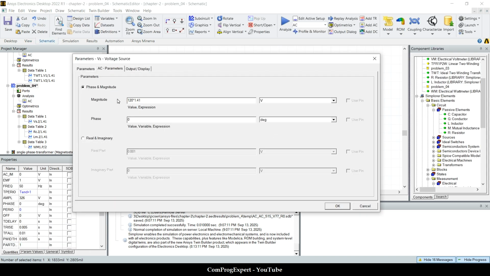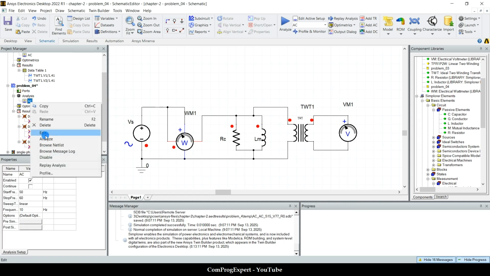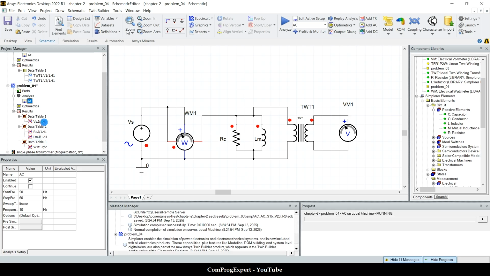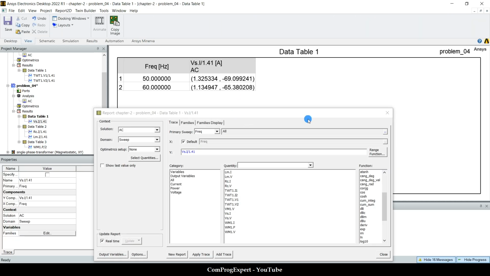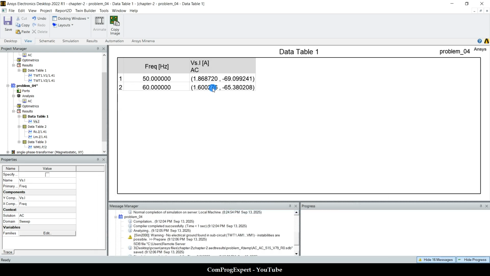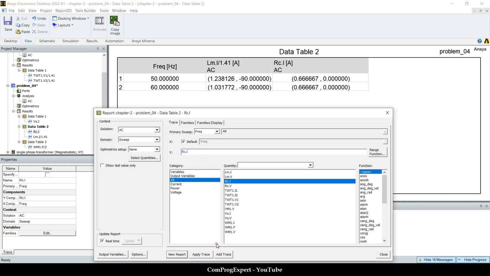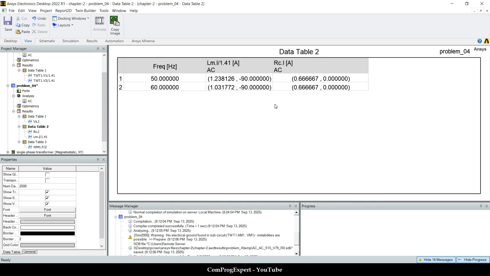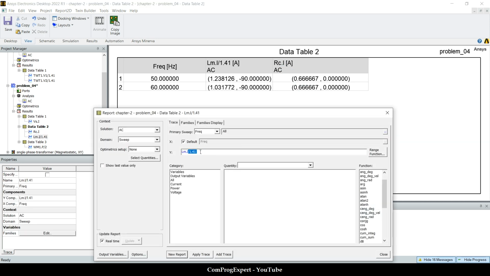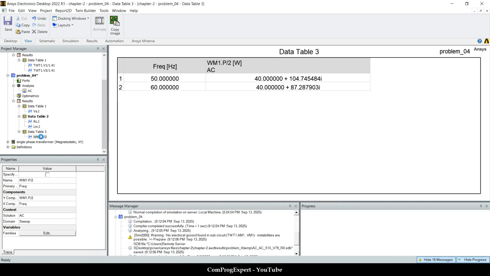If I consider the RMS value here, 120, and run the analysis again, we don't need to use this number now. This is the value of the current, 1.6. The value of the current for the core, 0.66. The magnetizing current, 1.45. And this is the value of the power.